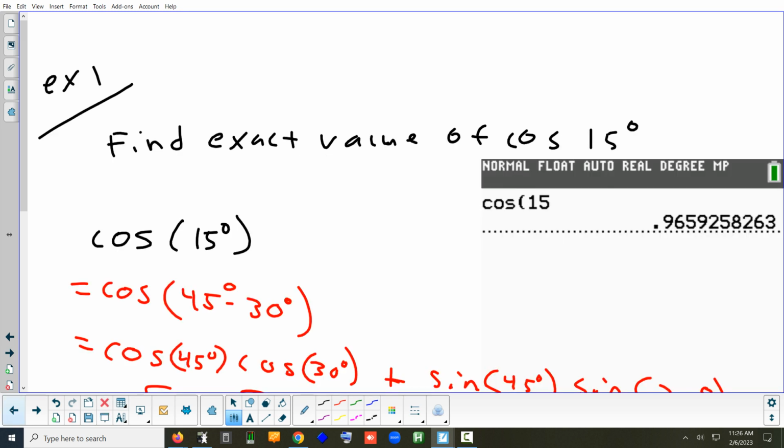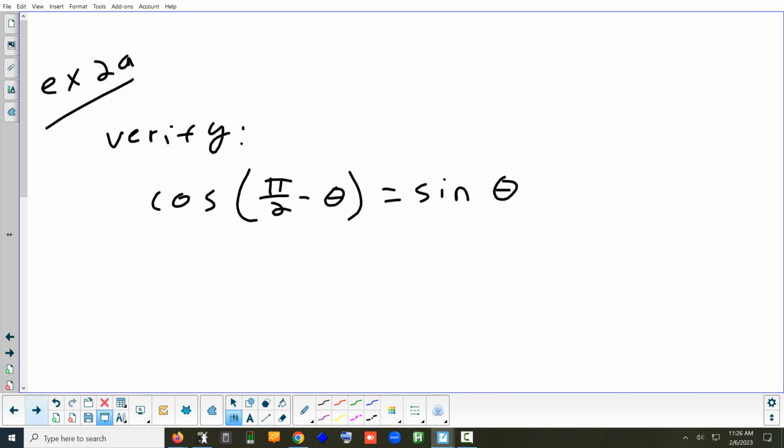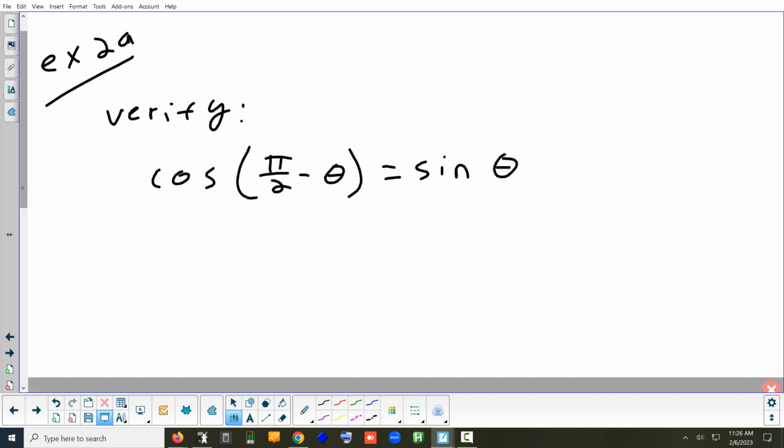Except this time, instead of the angles being a 45 and a 30, it's a pi over 2 and a theta. Those are your angles. So what's the general format for the cosine of a difference? Cosine, cosine, plus sine, sine.